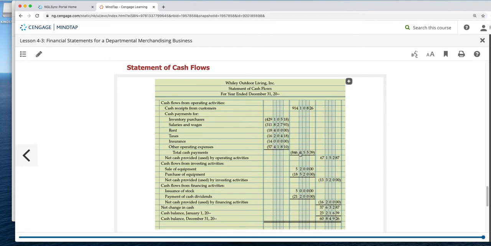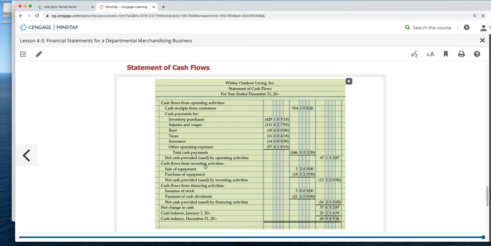You add up all your payments and then subtract them to get the net cash provided or used by operating activities. So all the cash sales to customers, and then all our payments: wages, rent, tax, insurance, and other operating expenses. We'll add those up and subtract to get our net cash.